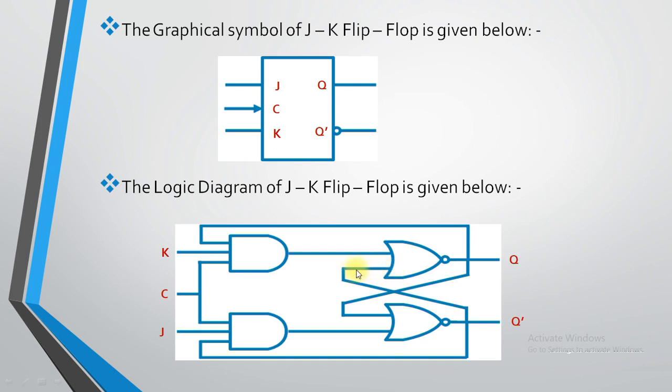So this input you need to pass as J, and the output line going to the XOR gate input you need to pass to the variable K. So this is called the complemented value of Q. If the value is 0, then the complement would be 1. If the Q value is 1, then the complemented value is 0. In this way complement occurs.